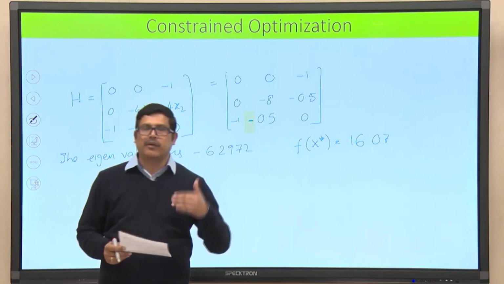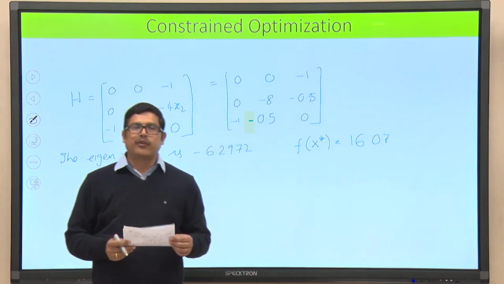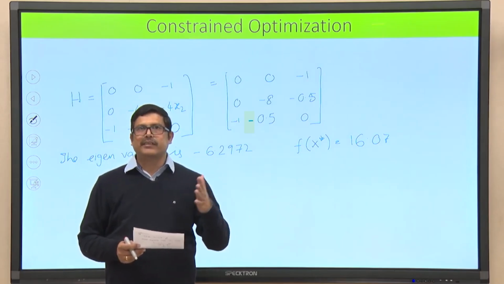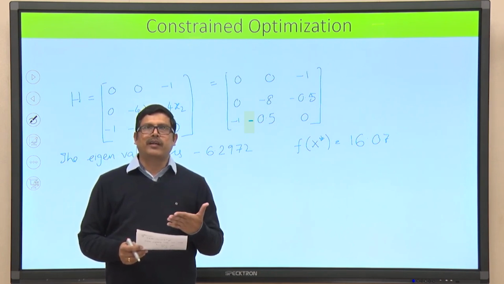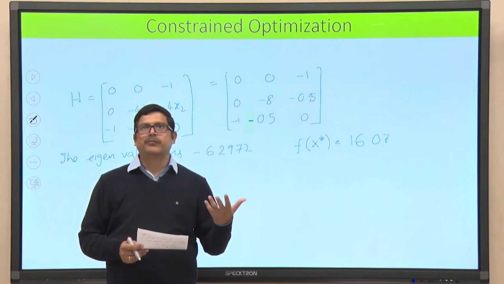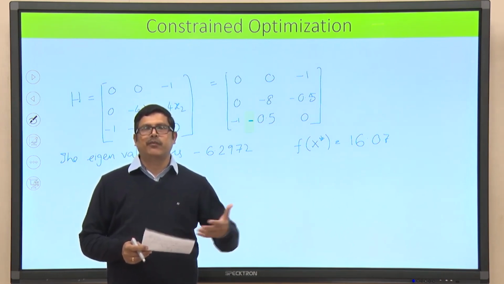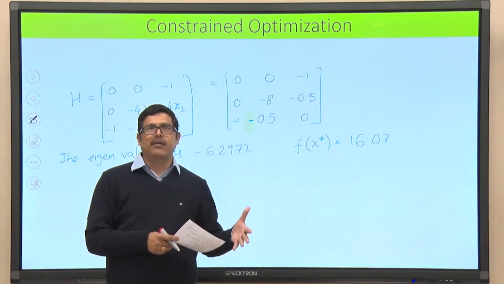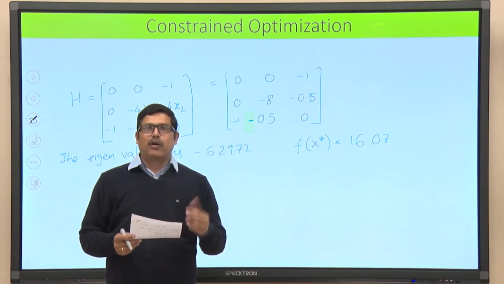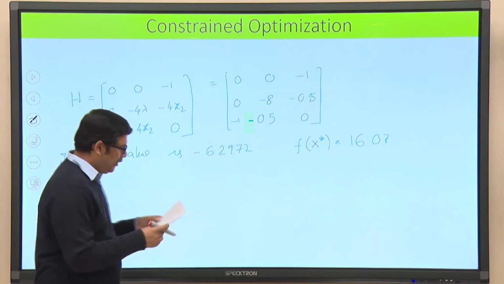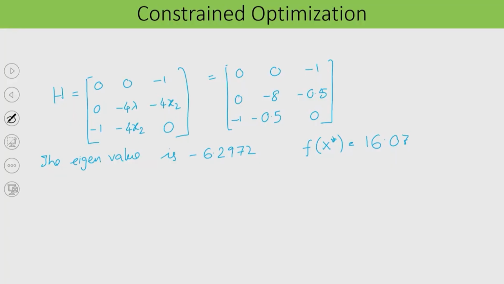The next part of this question is to evaluate the change in value of B. I can take a different value of B, solve this problem, and see how the objective function value changes. Or we can apply the relation we have already derived, that is df is equal to lambda dB.